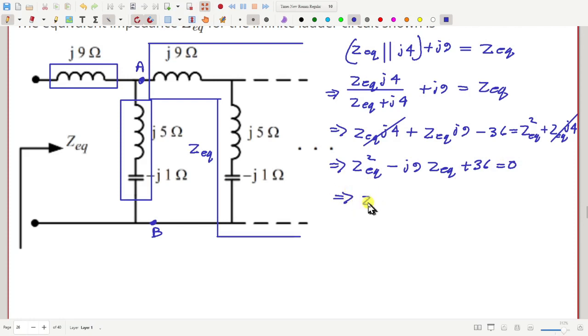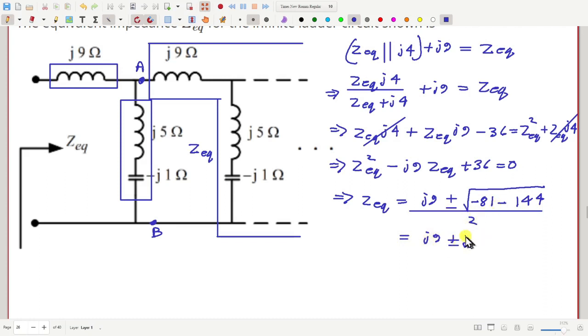So now how much is Z? That will be minus of B, that means J9 plus minus root over 81 minus 81, and then minus 36 into 4, 144, divided by 2. So this will be J9 plus minus J 225, the square root is 15, by 2.